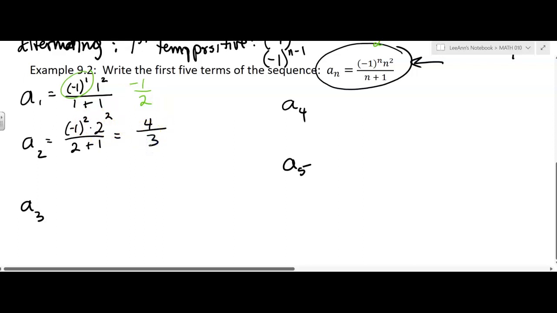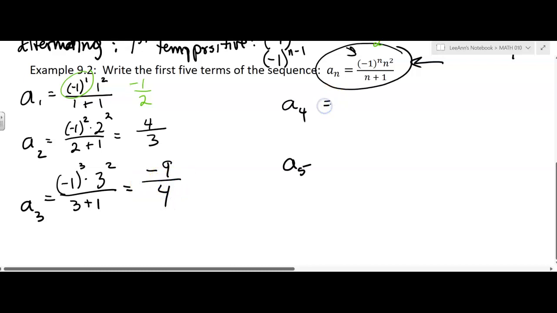So there's the second term. All right, now the third term. We just keep doing this. Plug in the 3 for all the n's. We know it's going to alternate because of that thing we've got going on there. So it's going to be negative 9 over 4.